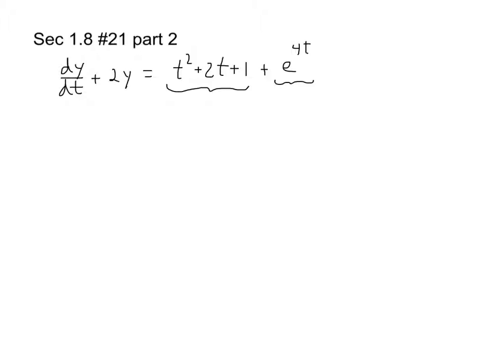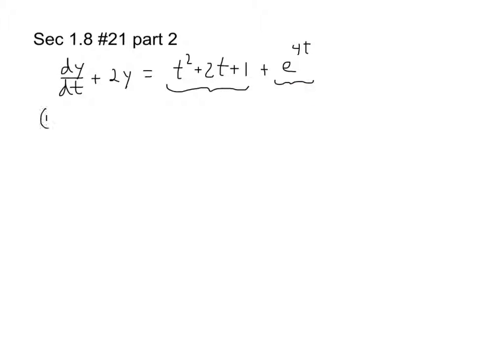I'll find a particular solution that will work for the t squared plus 2t plus 1, and a different particular solution that will work with the e to the 4t term, and then my ultimate particular solution will be a sum of the two. So here we go.